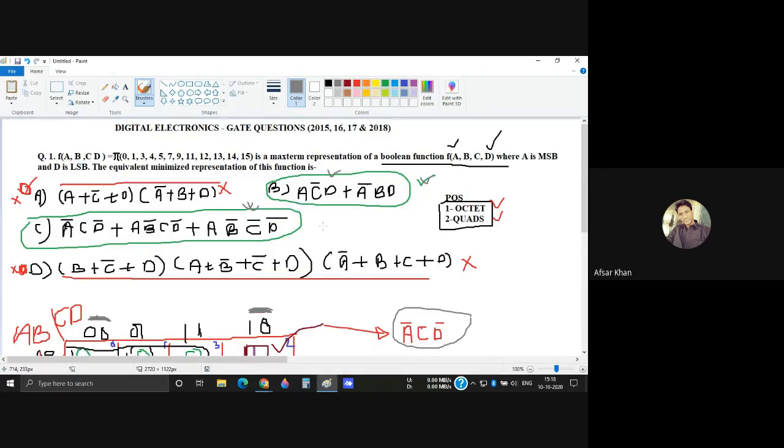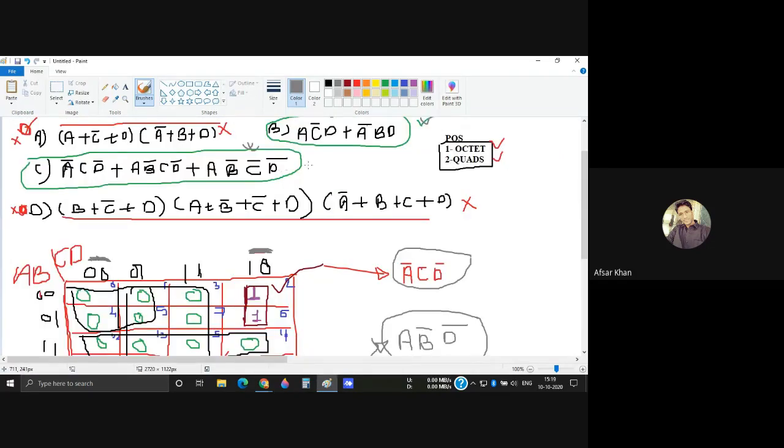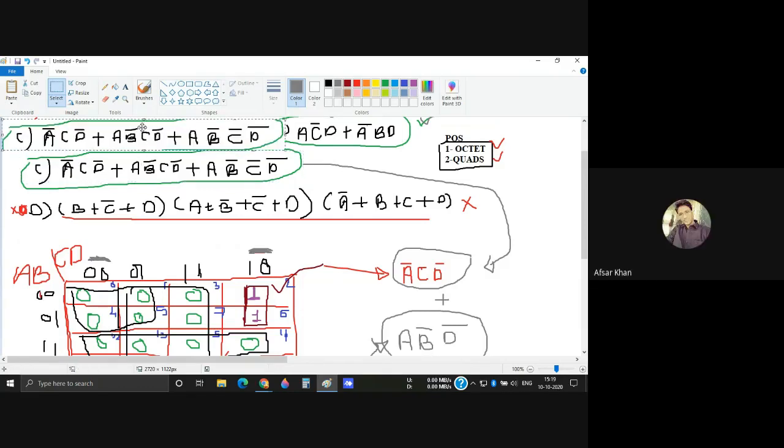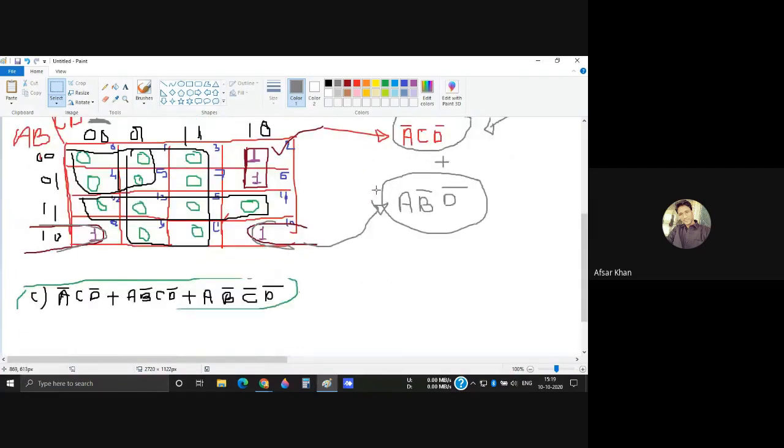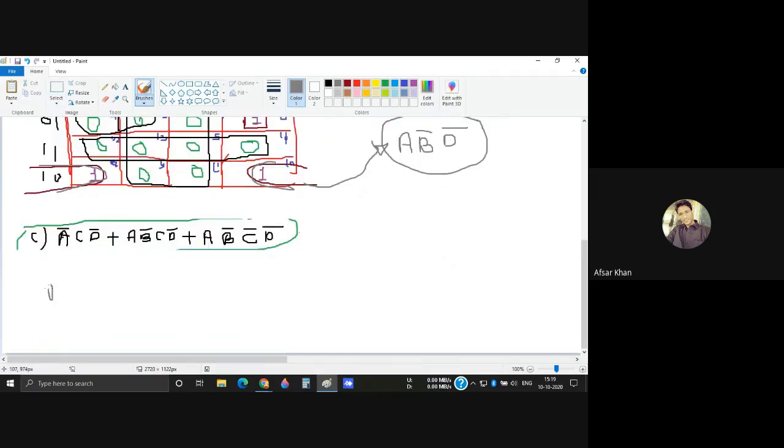Now see, if we choose option C, indirectly it can be like the summation of this. Let's see how this expression can be our answer. In this expression, suppose this A bar C D bar as it is plus.